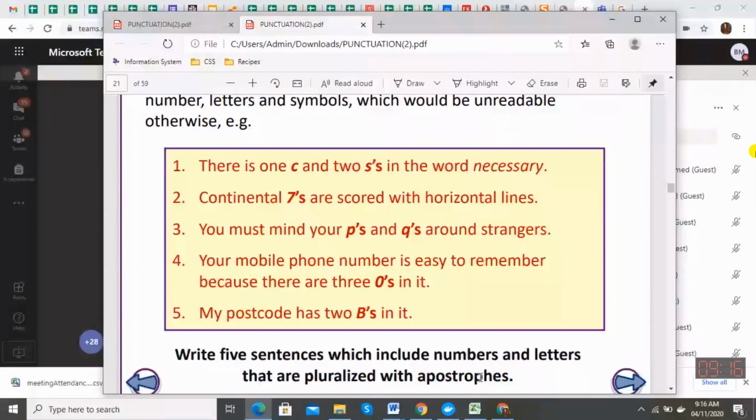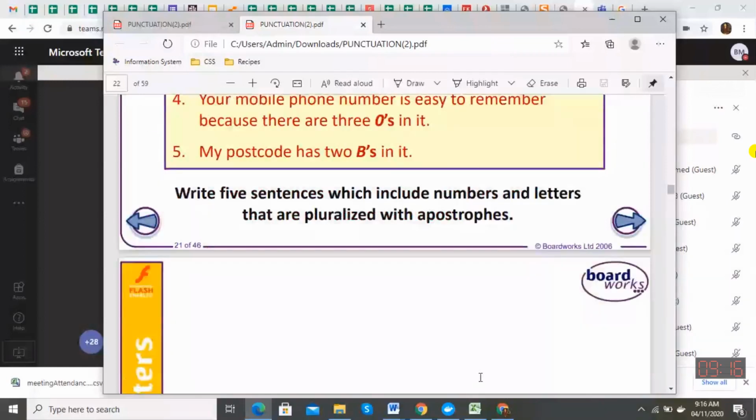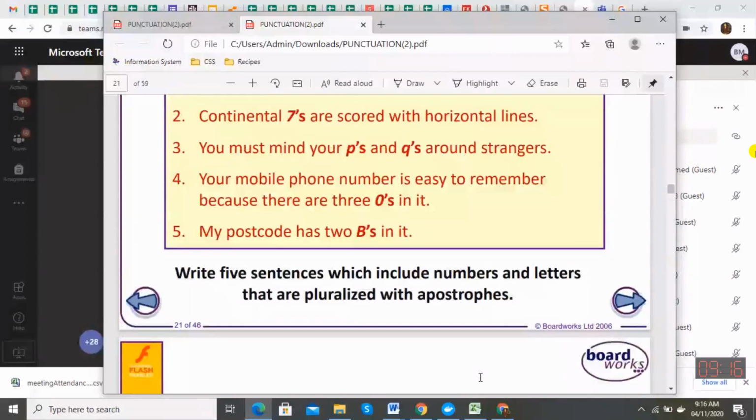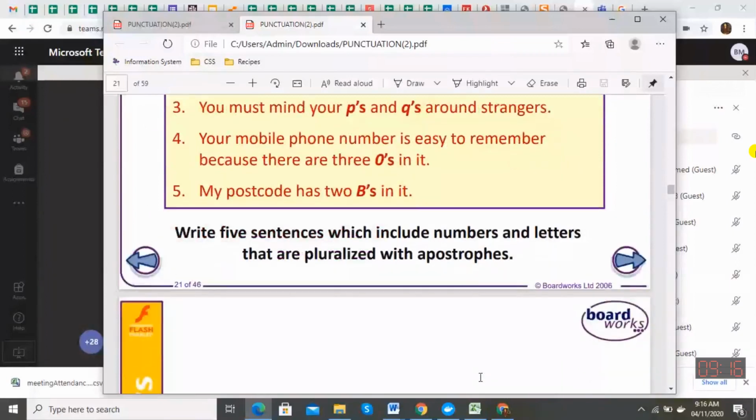So you should know this usage of apostrophe also, and you have to write down a few sentences using this usage of apostrophe. Can anyone share any example here?